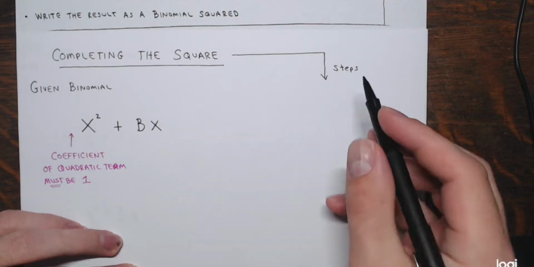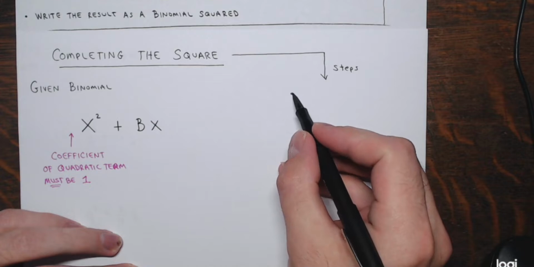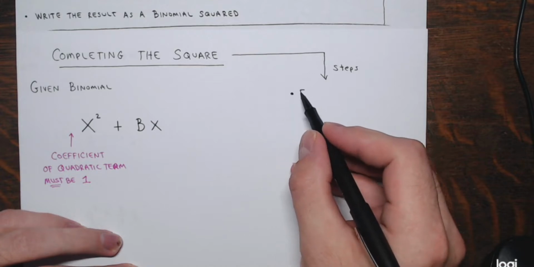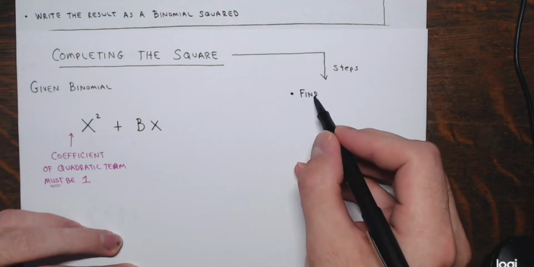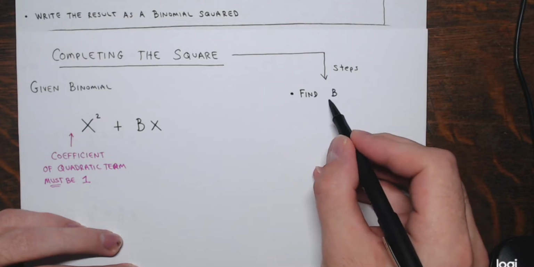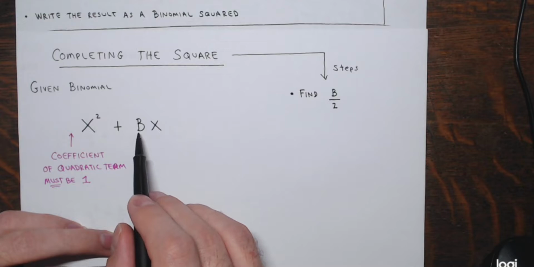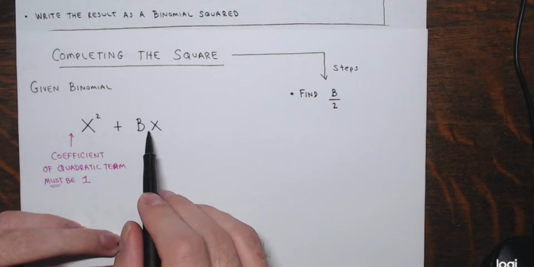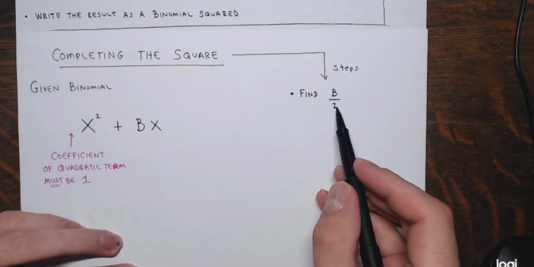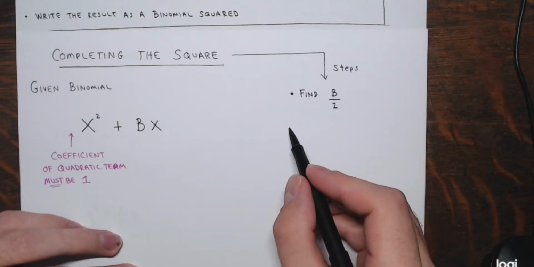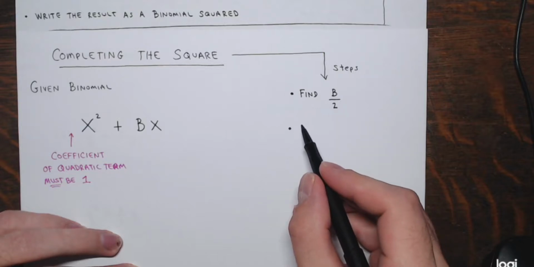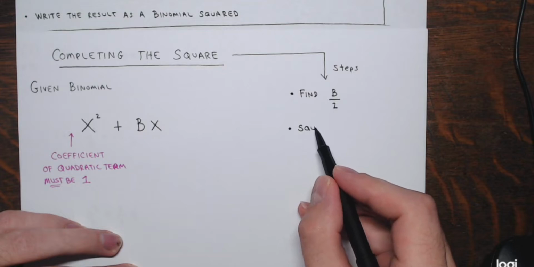So the first step, find b divided by 2. Remember, b here is the coefficient of the linear term. So you take half the linear coefficient, then square it.